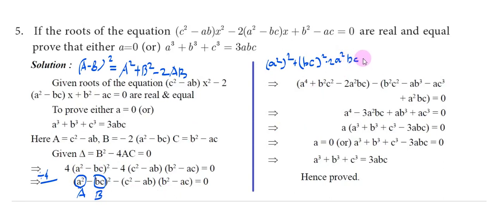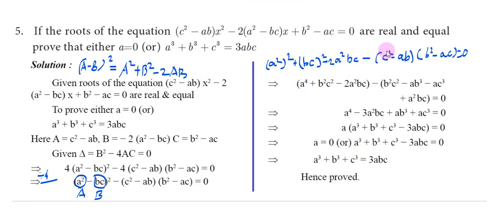Now minus, write this expression as it is: (c² − ab)(b² − ac) equal to 0. Now look, (a²)² is a⁴, plus (bc)² is b²c², minus 2a²bc. Now multiply, this minus let's put outside.